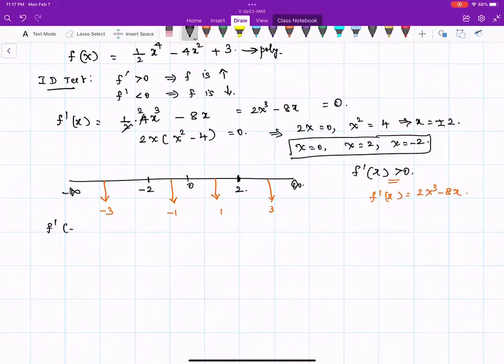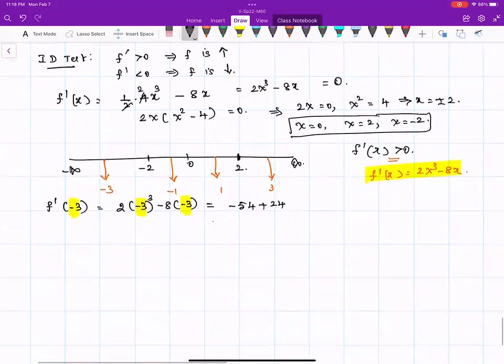So f prime of the test point negative 3 is 2 times negative 3, the whole cube, minus 8 times negative 3. We are plugging in the value negative 3. So that is negative 27 times 2, which is negative 54, plus 24, which will be negative 30.